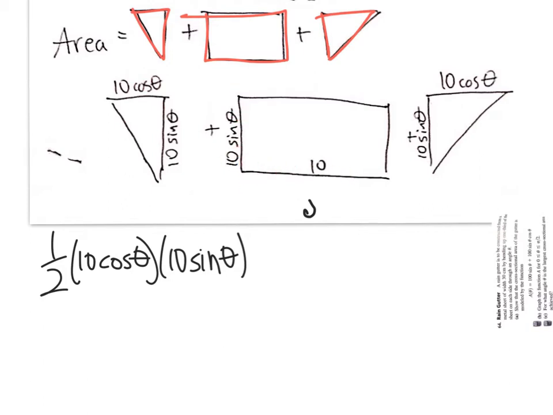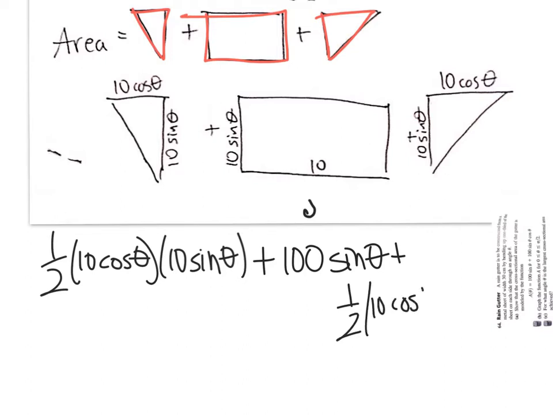So plus 10 times 10, I'm just going to go 100, and then sine theta, plus the area of this, which is again 1/2 10 cos theta 10 sine theta.